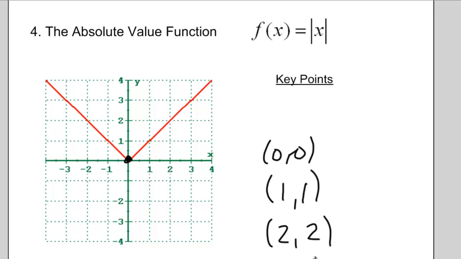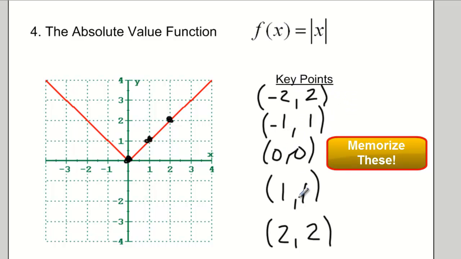So those are 3 easy key points, here and here. And then going the other direction, when x is -1, well, the absolute value of -1 is +1. And when x is -2, well, the absolute value of -2 is +2. And so this gives us the 5 key points we can use for the absolute value function.